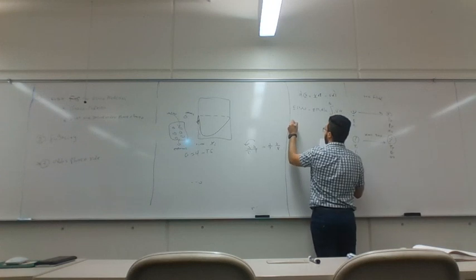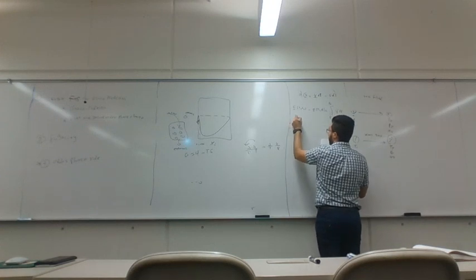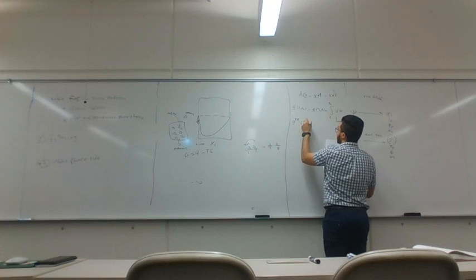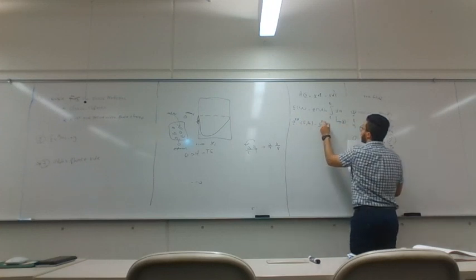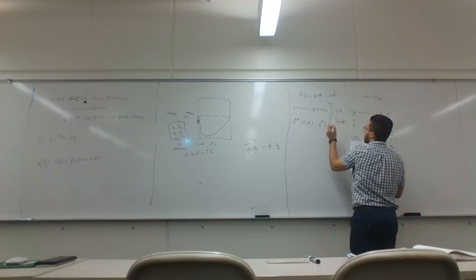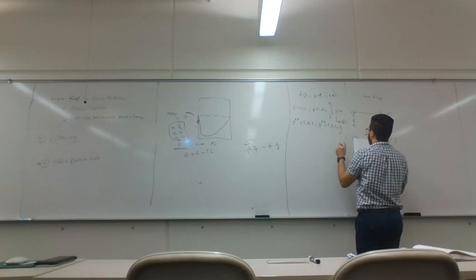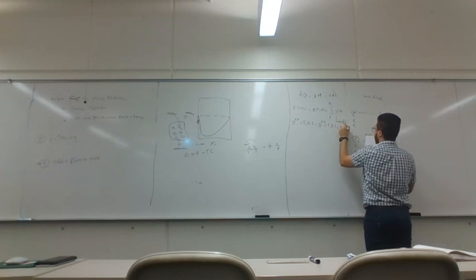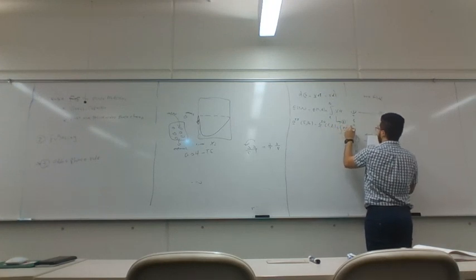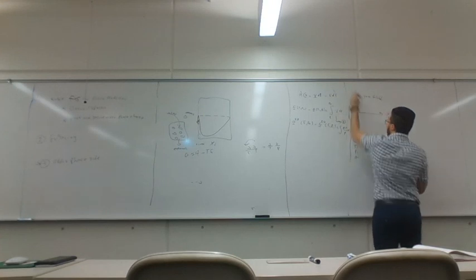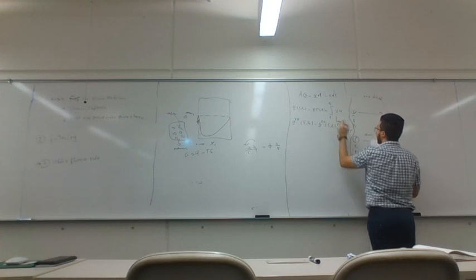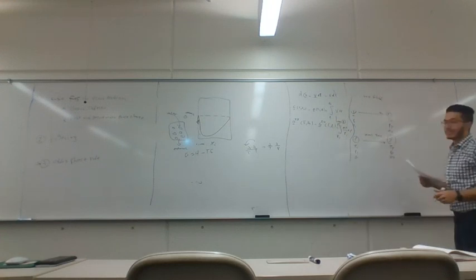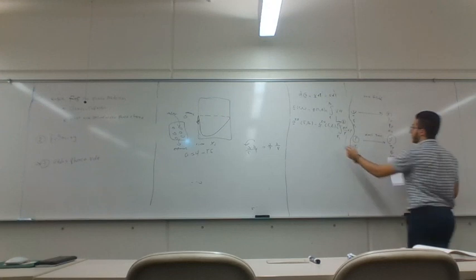So G ideal gas at T1, P2 minus G ideal gas at T1, P1 equals the integral of V dP, which for ideal gases is RT over P dP, from P1 to P2.